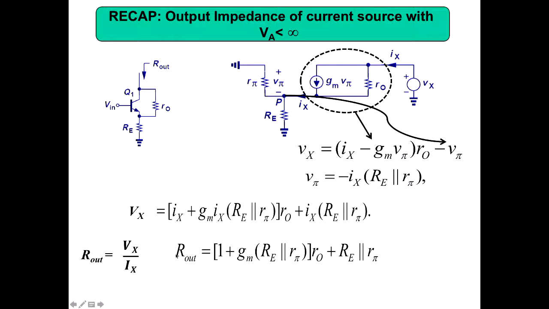So here you can see that the output impedance is actually boosted when we connect an Re, emitter degeneration. When Re equal to 0, all this will collapse and you get only Ro. R out equal to Ro. But when we connect this Re, we are boosting the output impedance.